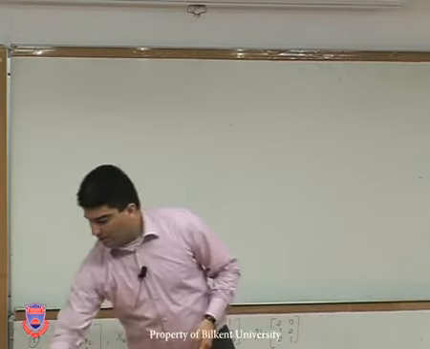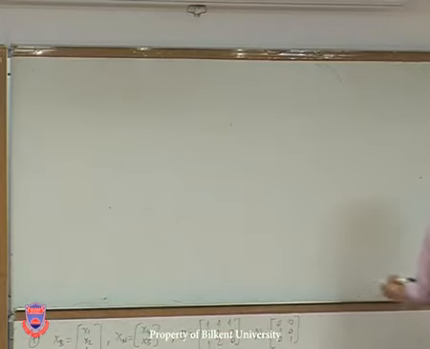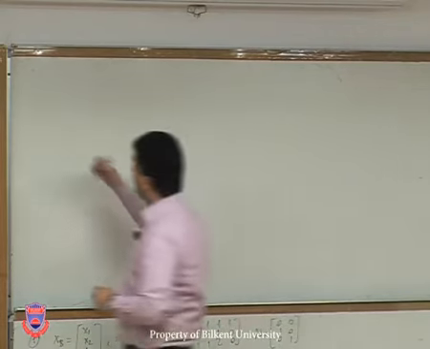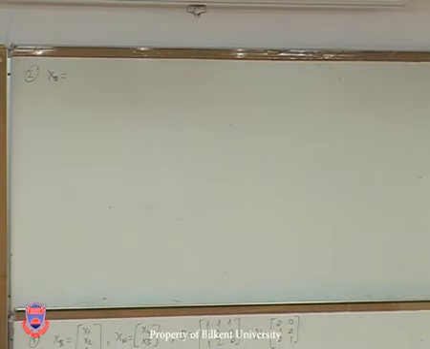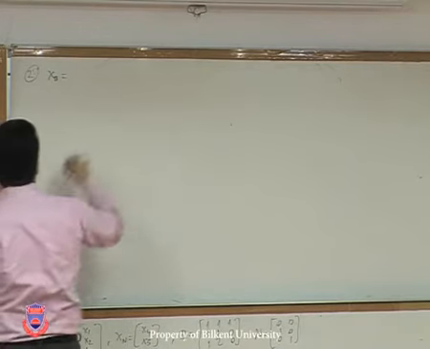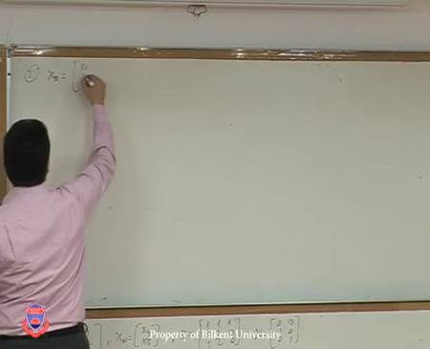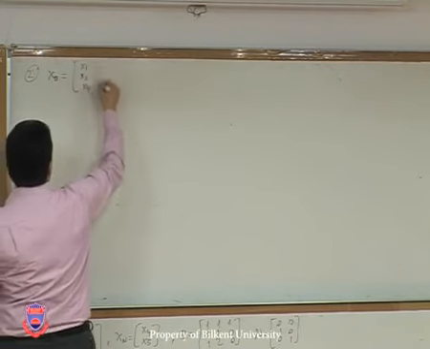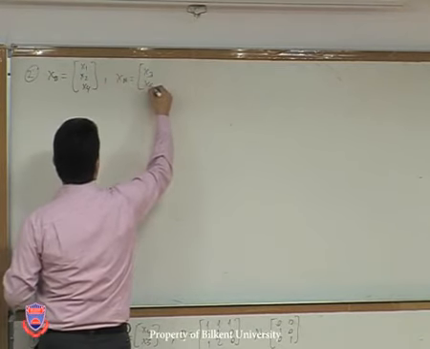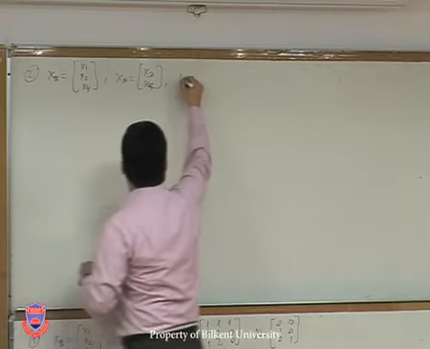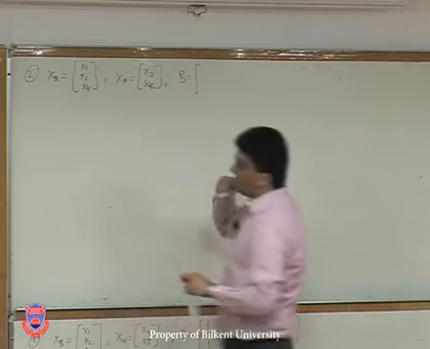Now what I'm going to do is change my basic variables. Instead of having x1, x2, and x3, I'm going to look at a different set of basic variables. I'm going to pick x1, x2, and x4. My non-basic variables then will be x3 and x5. Now, what's my basis matrix in this case?